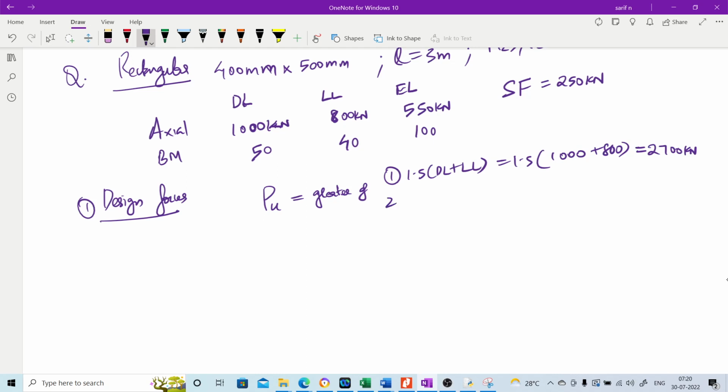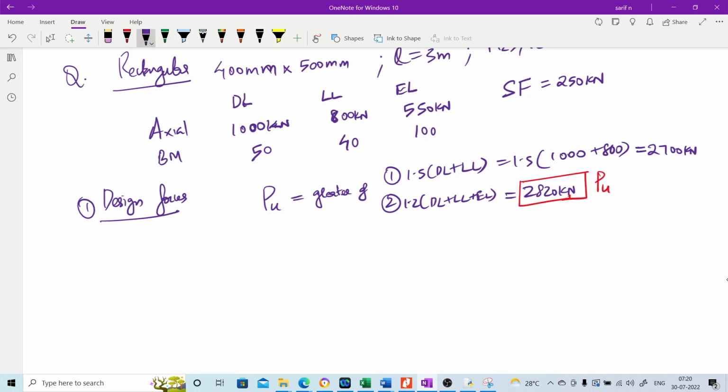Second one is 1.2 times dead load plus live load plus earthquake load. If we do this, we will get a value 2820 kilonewton. So the axial load that we are going to take for the design will be the greater of the two, that is 2820 kilonewton. This will be our Pu.